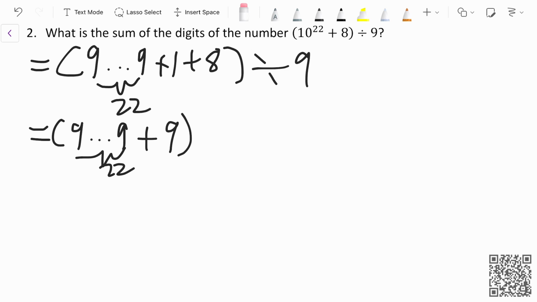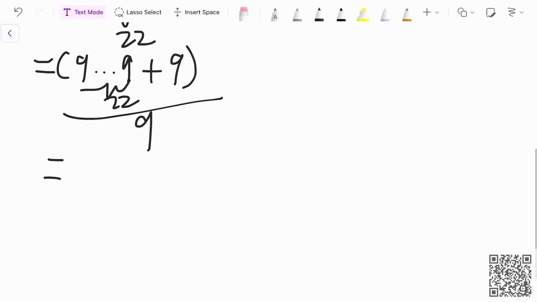If we move this to the bottom, we'd get, if we lifted the parentheses and divided the bunch of 9s by 9, we'd get 1, still 22 ones though.